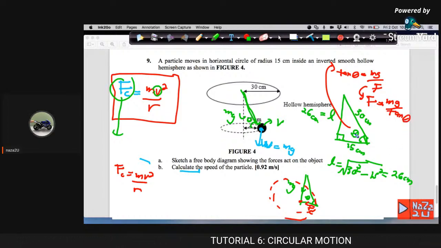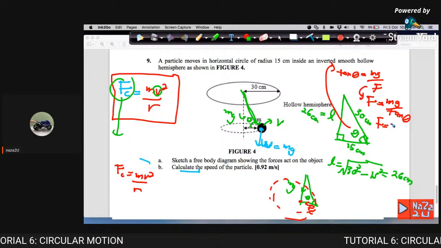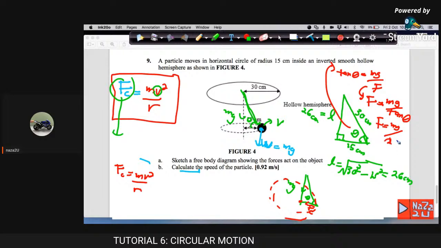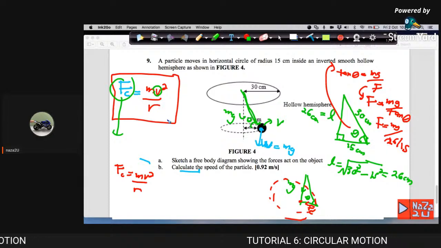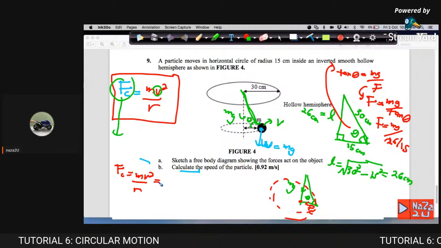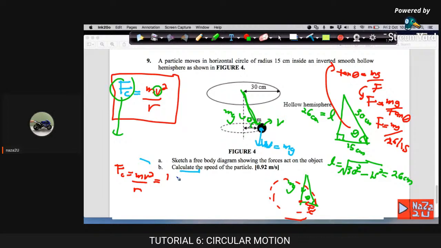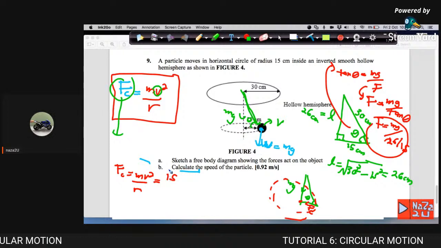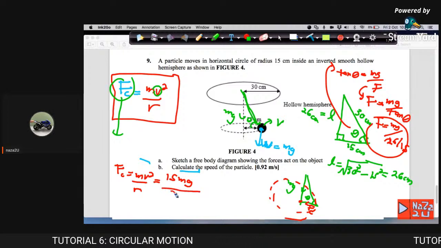And the tangent theta here, F is equal to mg, theta here is 26, 15. 26 divided by 15. Maksudnya F kat sini kita ada mv square divided by R. So 15 mg divided by 26.